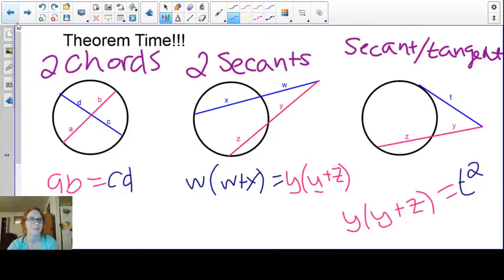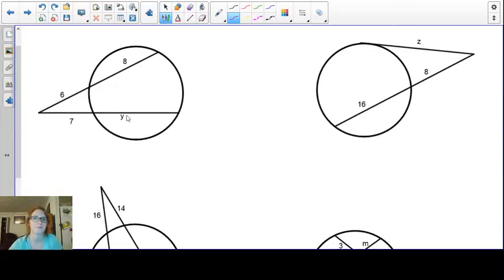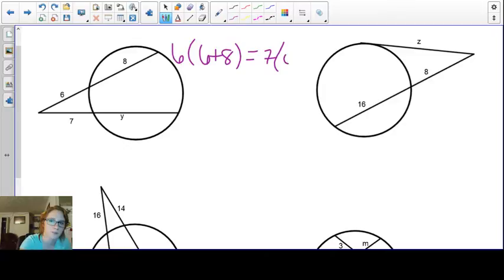All right, let's go put these guys into practice. So I have 2 secants here. So that means I have the outside of, say, 6, times the whole, which is 6 plus 8, which is equal to the outside, times the whole, which is y plus 7. So 6 plus 8 gives me 14, and then times 6 will give me 84, which is equal to 7y plus 49.